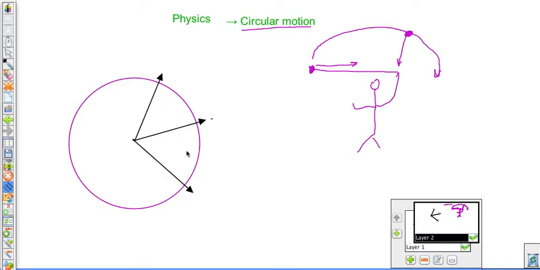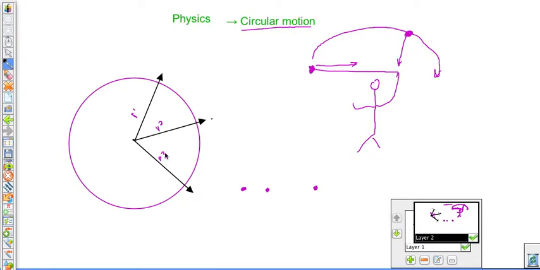So if you're moving along and you've got this position, and then that position, you would say, oh look, there was a change in velocity here, so there must have been an acceleration. Well, in circular motion, you can have a uniform velocity and then also have an acceleration at the same time. So let's call this radius 1, and this radius 2, and this radius 3.